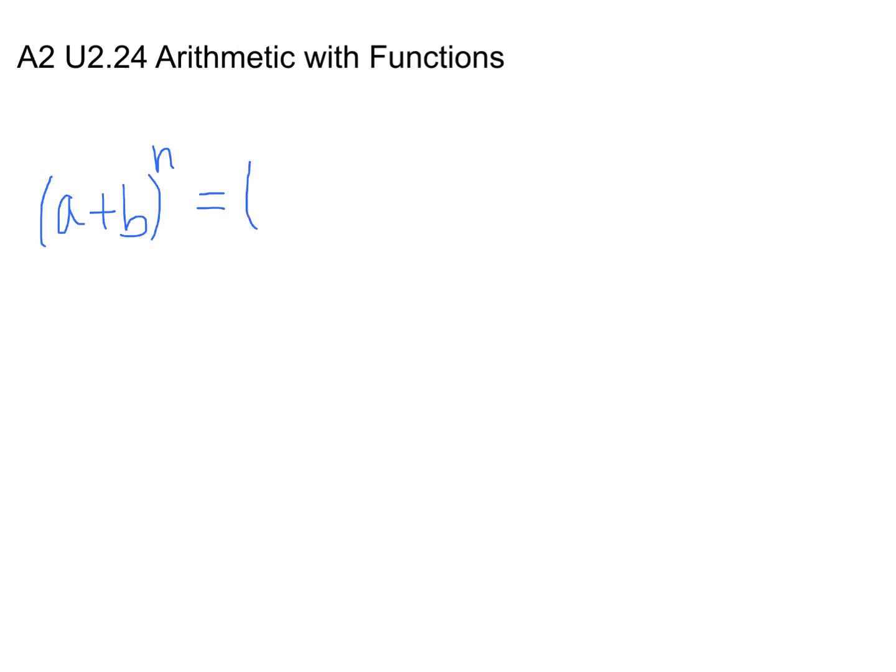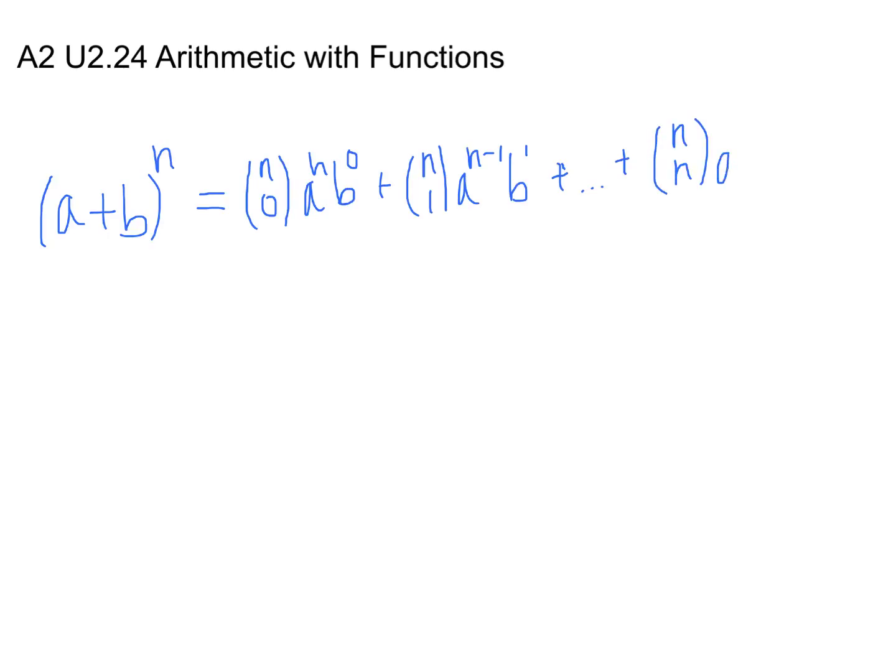So I'll have n choose 0, a to the n, b to the 0, plus n choose 1, a to the n minus 1, b to the 1. Moving forward, skip all the way to the end, n choose n, a to the 0, and b to the n.